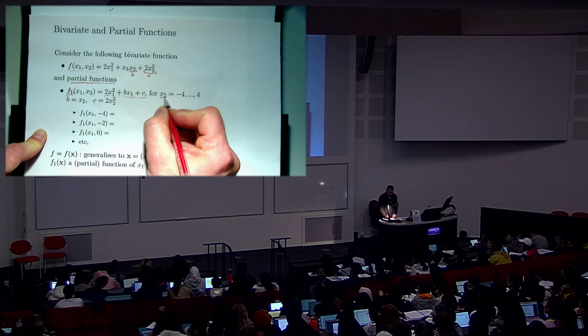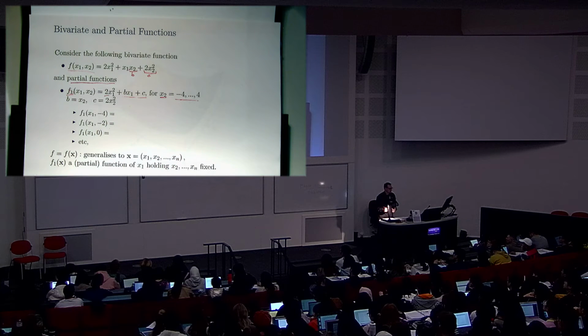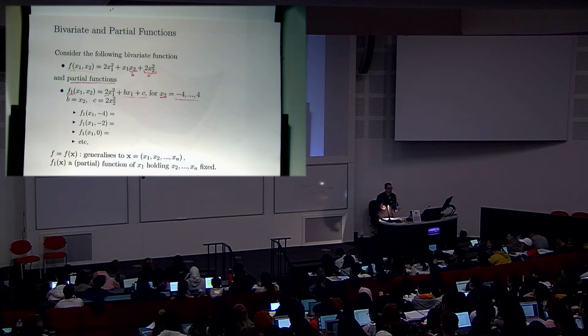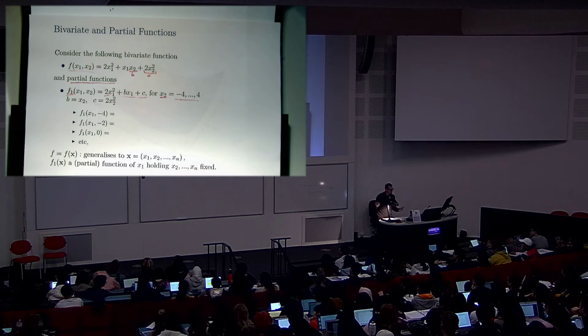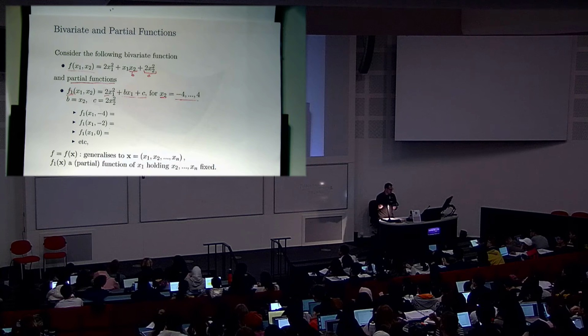But now, of course, x2 could take all sorts of different values. So we need to think about a particular fixed value for x2. We fix x2 and think about what is left over as a function of x1.